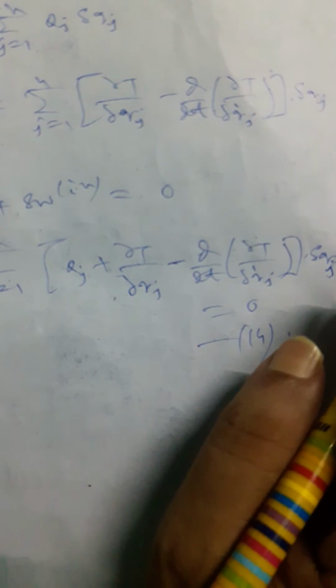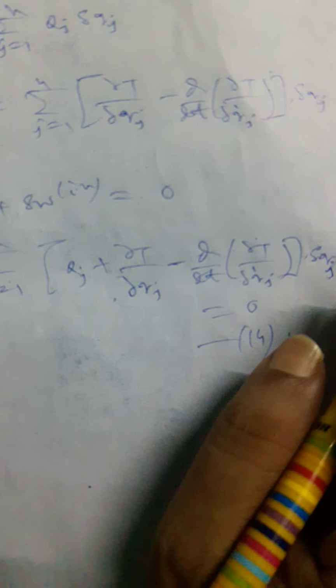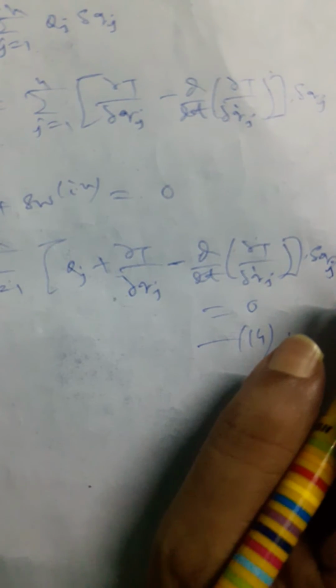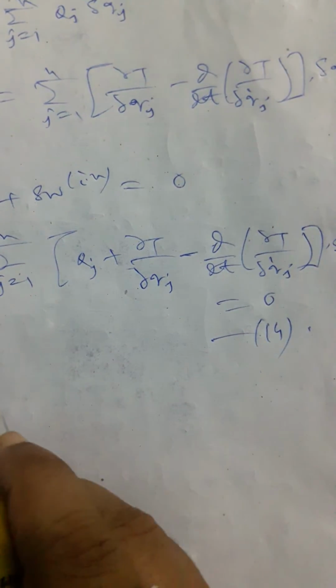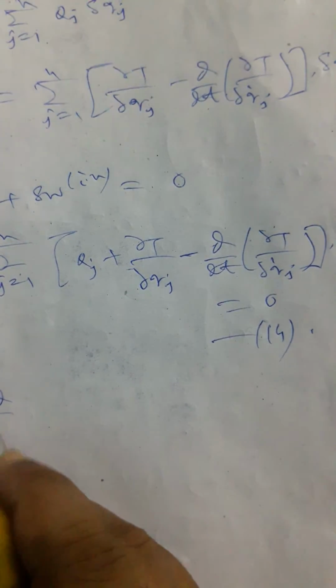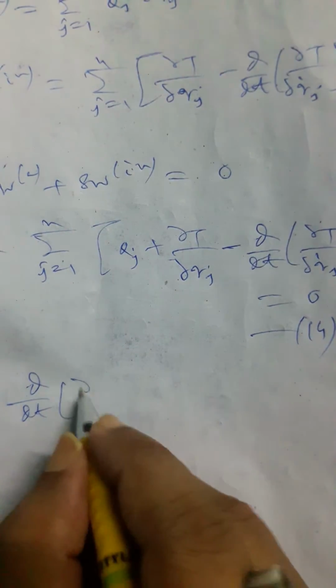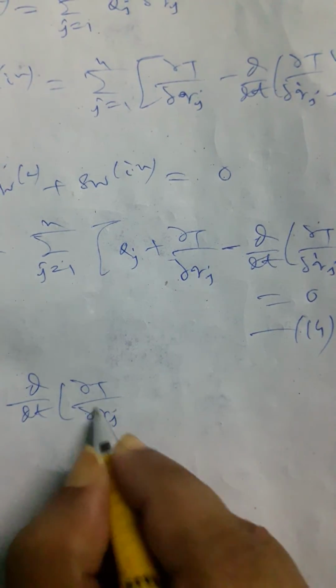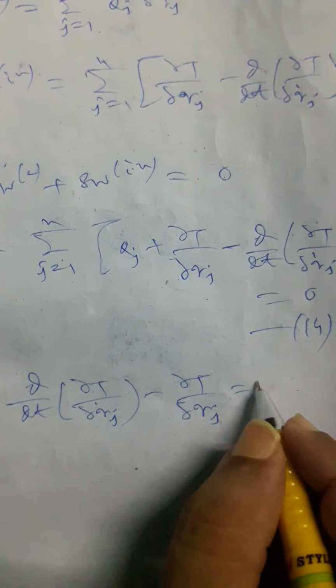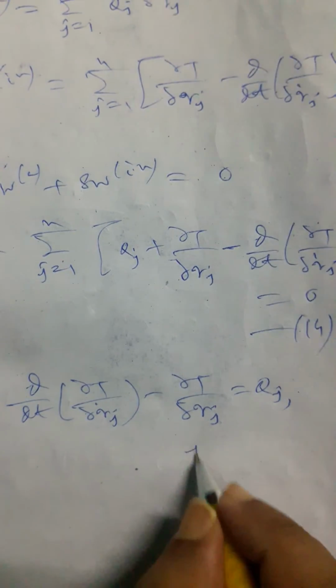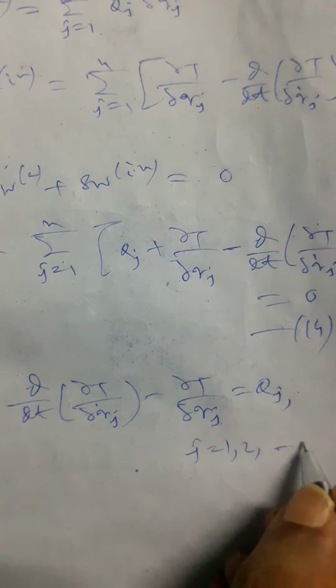and the quantities δqj being arbitrary and independent, from this result 14 the coefficient of each δqj vanishes separately, so it must be true that d/dt of ∂T/∂q̇j minus ∂T/∂qj is equal to Qj, where j runs from 1 up to small n.